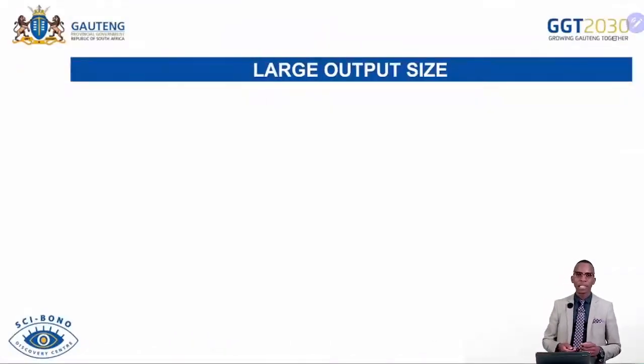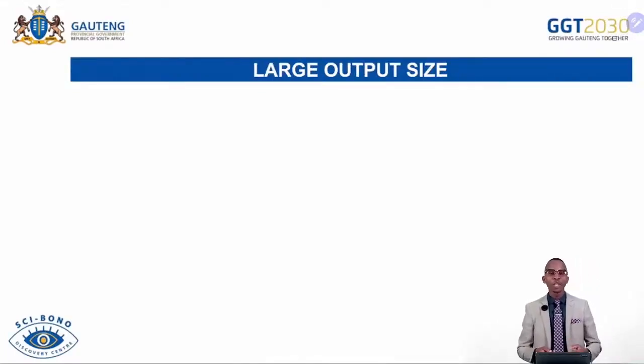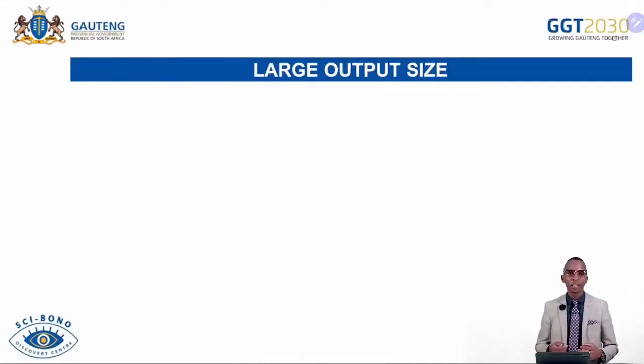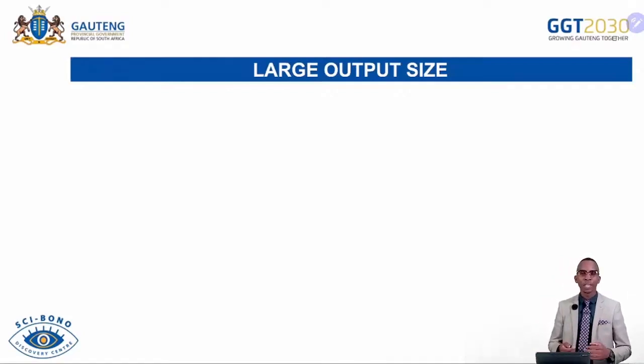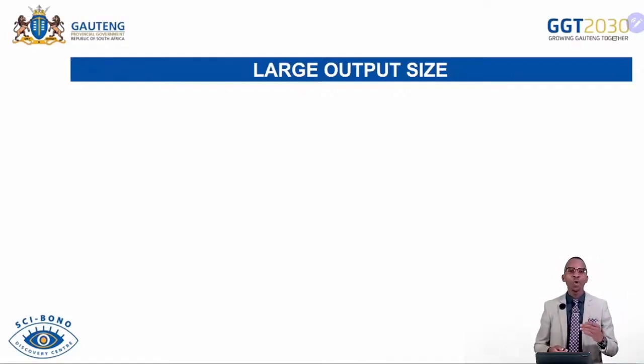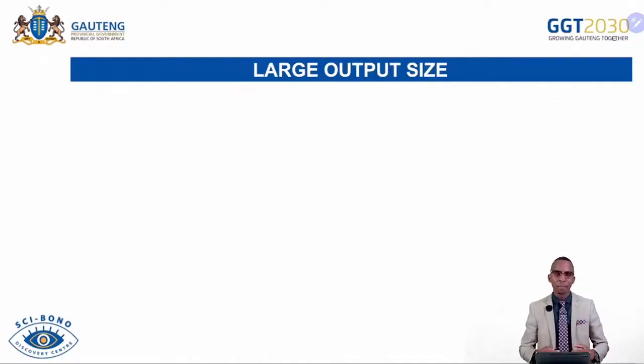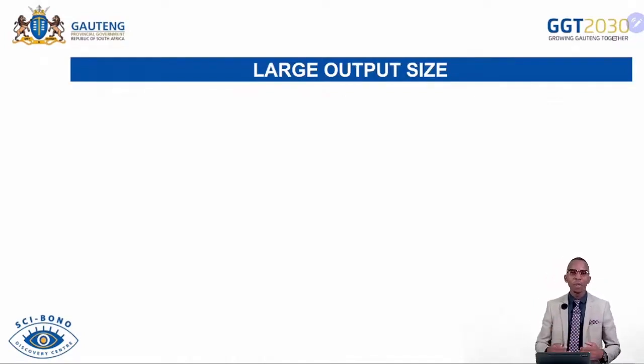So we say there's a large output size, meaning the quantity of goods produced within the market is too high or too large. What causes that? It is because there are so many firms existing to produce the same products.